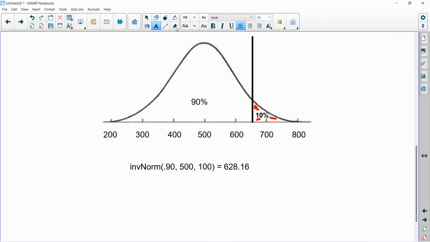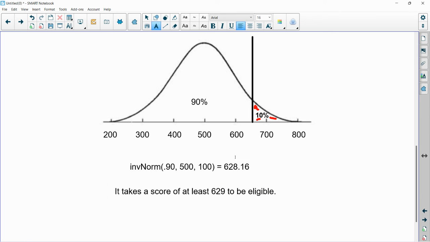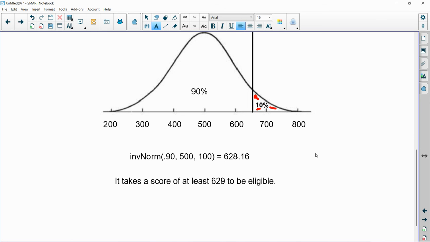So to be eligible, it takes a score of at least 629 to get into college, because 628 would be too low. So even though, remember, we talk about typical rounding, algebra rounding wouldn't round up, but in the real world, often we do. We round up, even when it's not a 5 or greater in that next position.